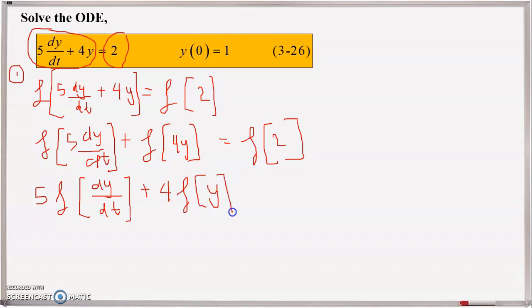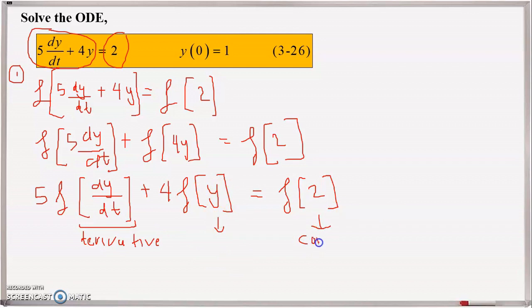Now as you can see here, you can see clearly what type of function you have. In this case, you have a derivative. This one you only have a simple function, and this one is a constant. Is it correct?